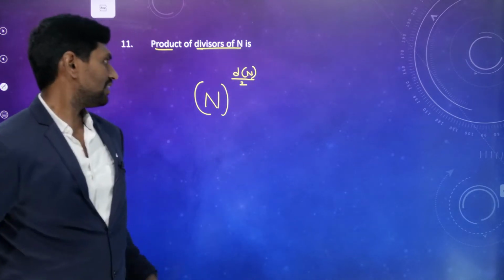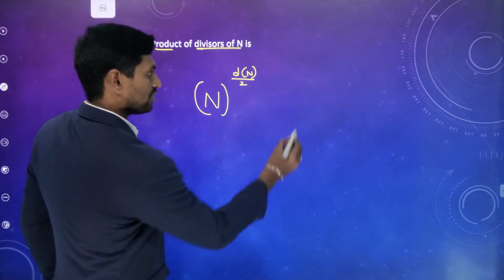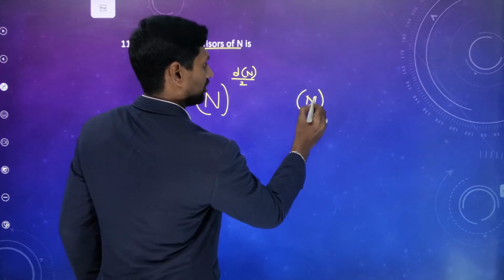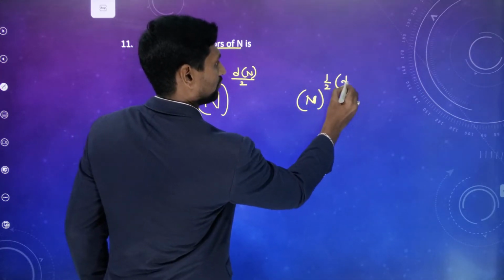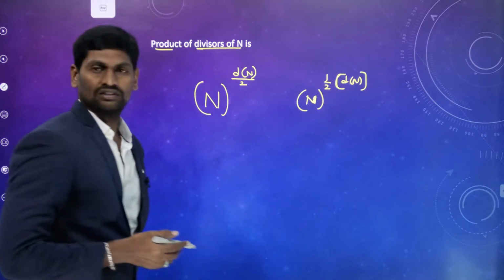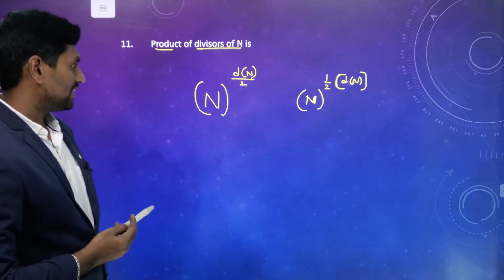It can also be written as the number power half into number of divisors. It is just a formula.